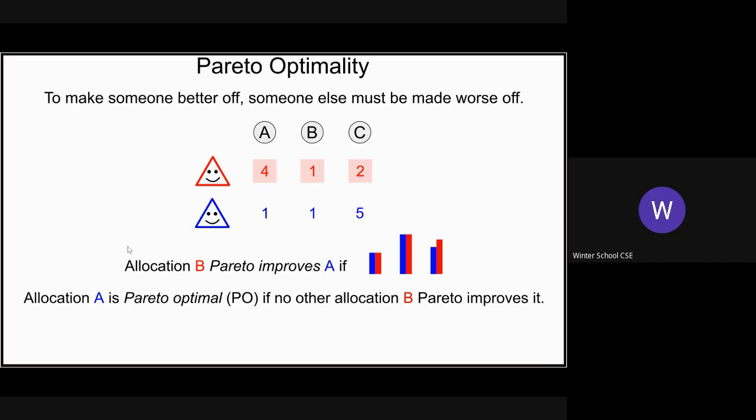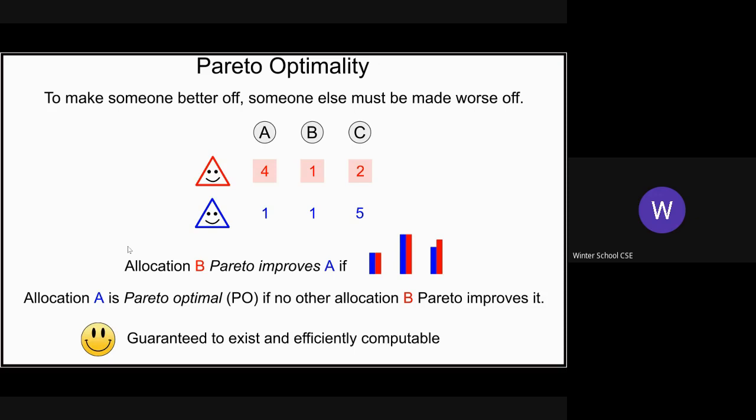Right? So any other allocation that makes some agent better off must necessarily make someone else worse off. So it's not an obvious improvement. Okay. Easy to see that a Pareto optimal allocation always exists, right? You can just give everything to one agent. That's Pareto optimal, at least if the values are non-zero, right?